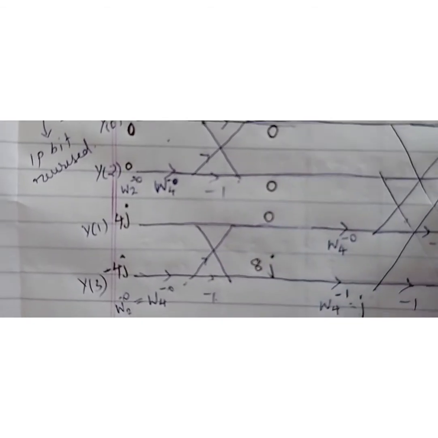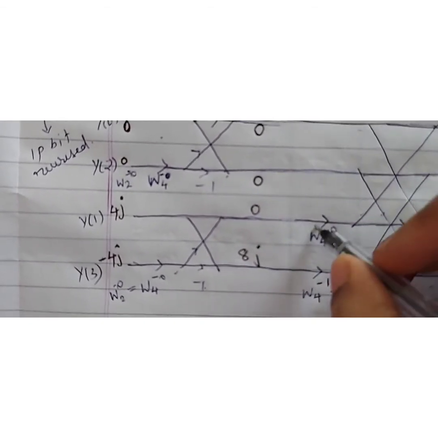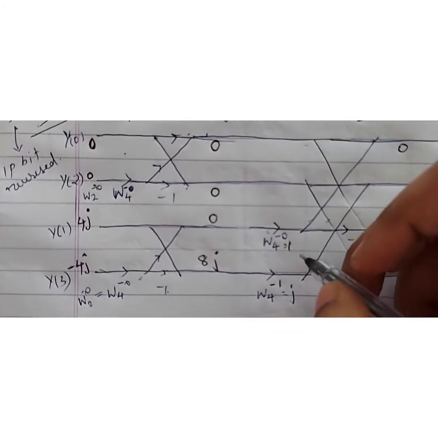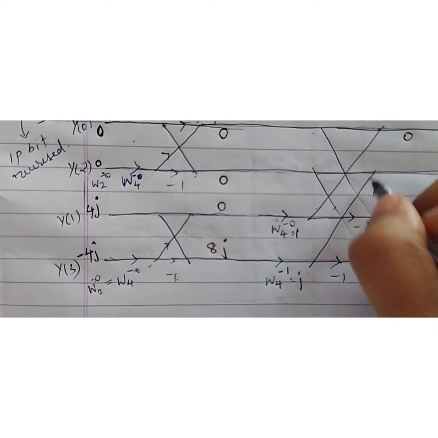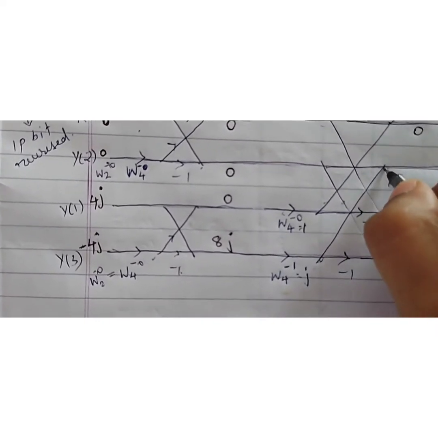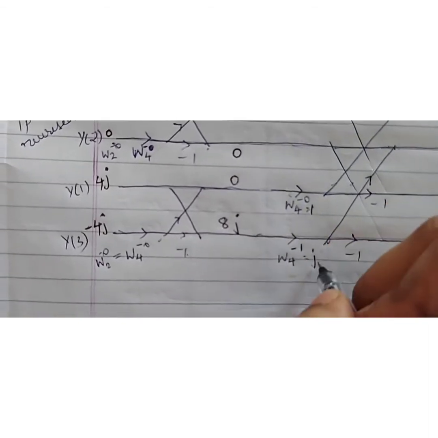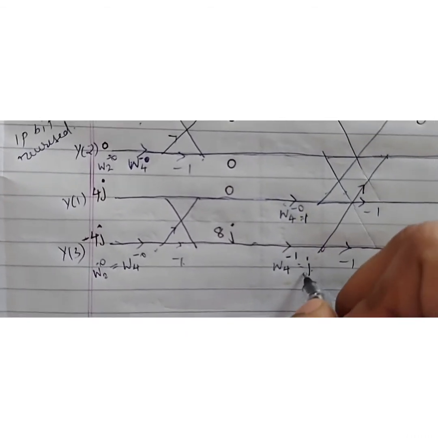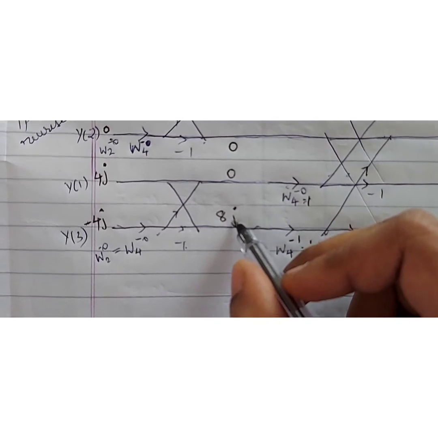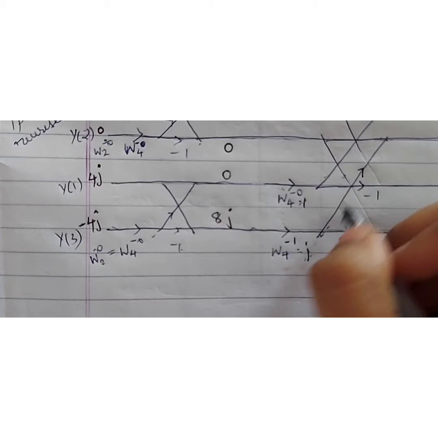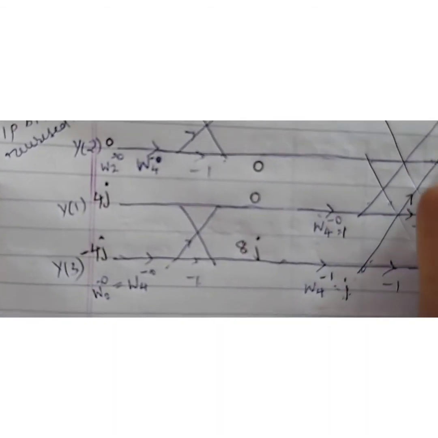So at all these points, what am I going to get? This is 0. 0 plus 0 into, this is nothing but 1. W4 power minus 0 or plus 0 is same. 0. 0 plus 8j. Okay. 0 plus this 8j term into j. j into j is j square, minus 1. So this is 8 into minus 1, minus 8. So this is minus 8.